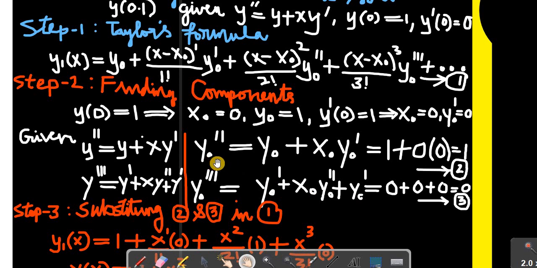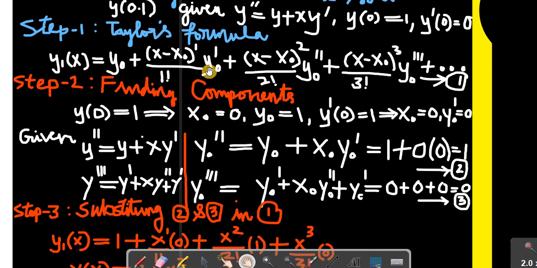So we have got all the components here. Y naught we have 1. X naught we have the value 0. The first derivative of y at 0, where is that? Yes, here. The value of y dash at x equals 0 is 0.